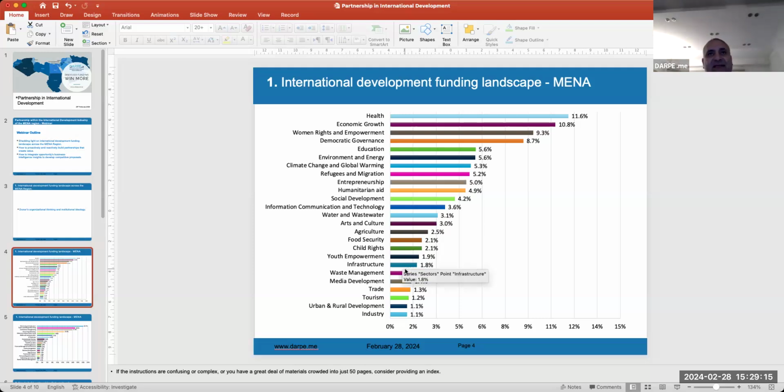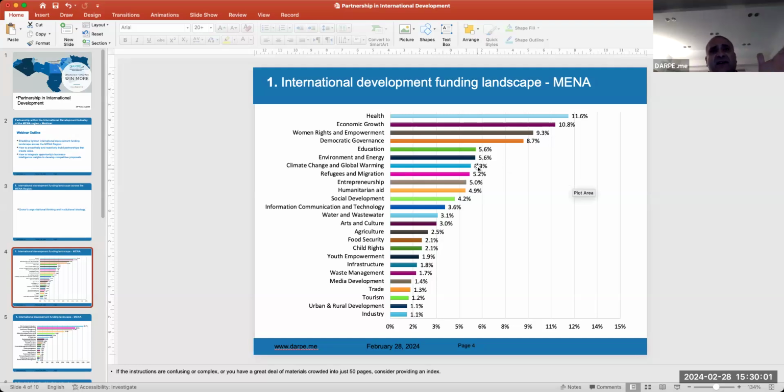And then you go into activities that are a little bit less important for them, like water and wastewater, arts and culture, agriculture, food security, infrastructure, waste management, and so on. Industry, 1.1%, for instance. Tourism, 1.2% only. So here is a lower level of investment, where the above part is a higher level of investment, where it goes to health, economic growth, women's rights and democratic governance, education as well, environment and energy, I would say.